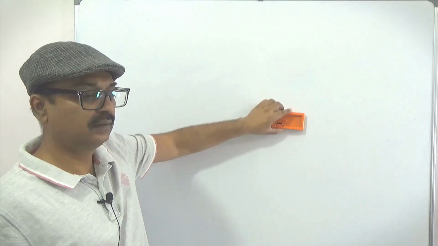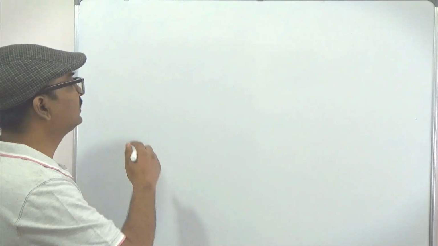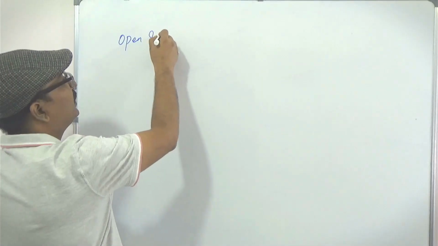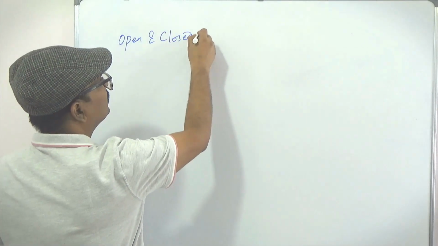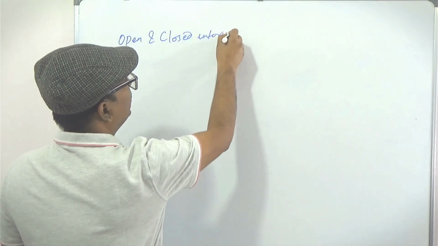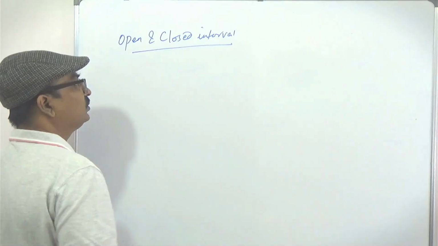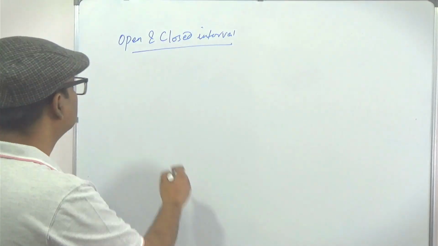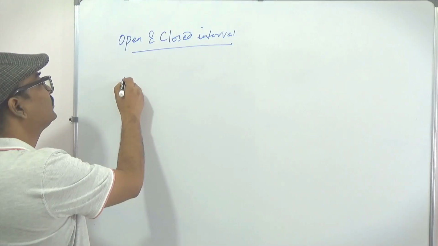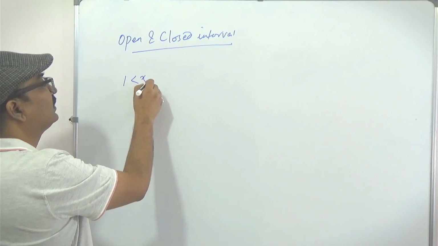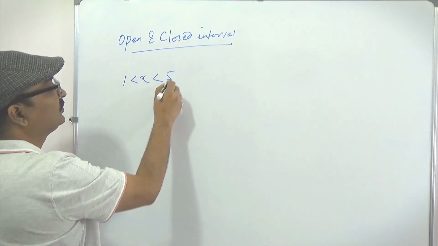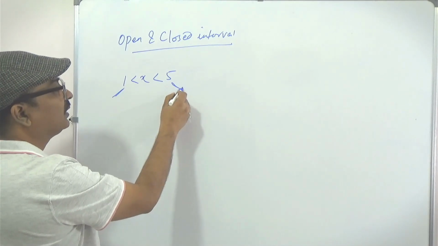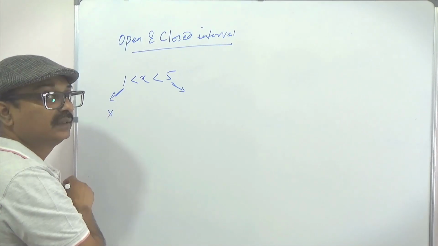There is a concept that we must understand here. This is about open and closed intervals. What are open and closed intervals? This you must understand. Let's say we have x greater than 1 and less than 5. This means the lower limit and the upper limit are not included.